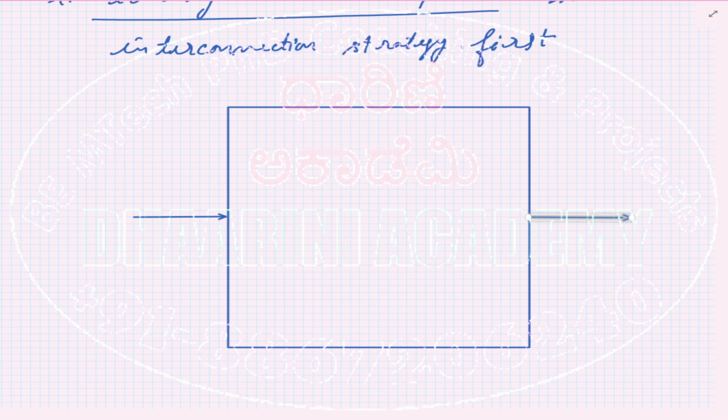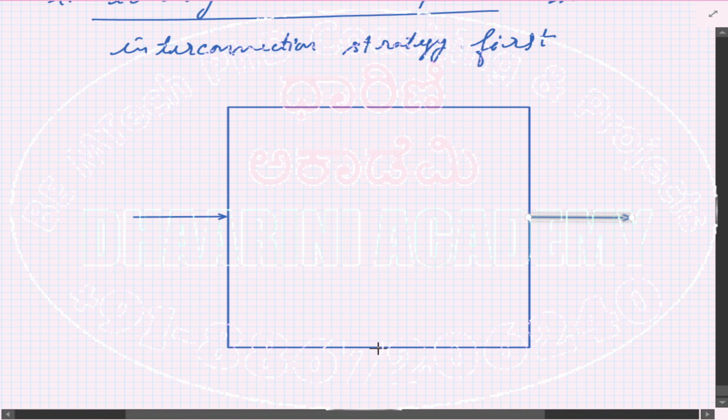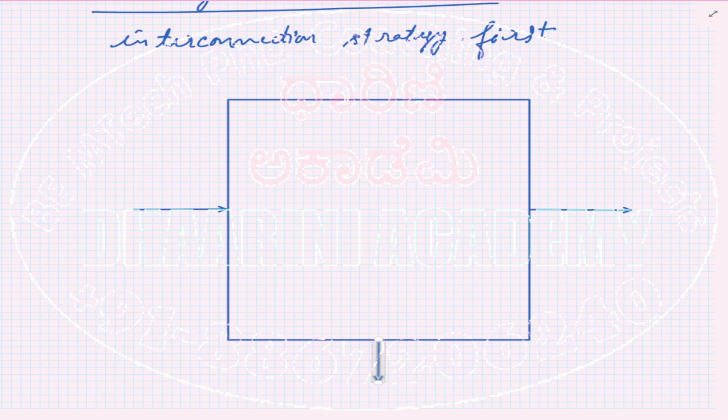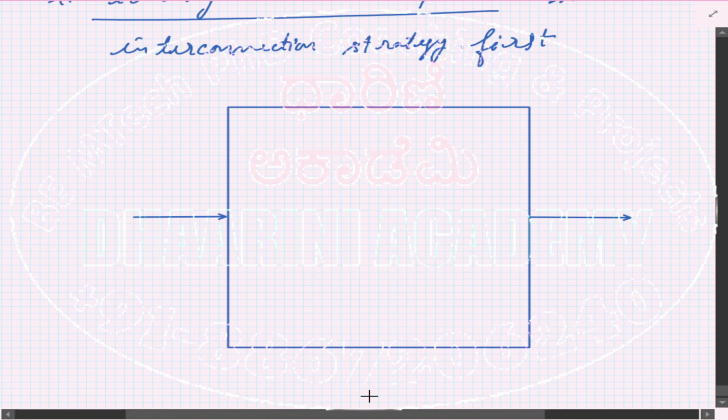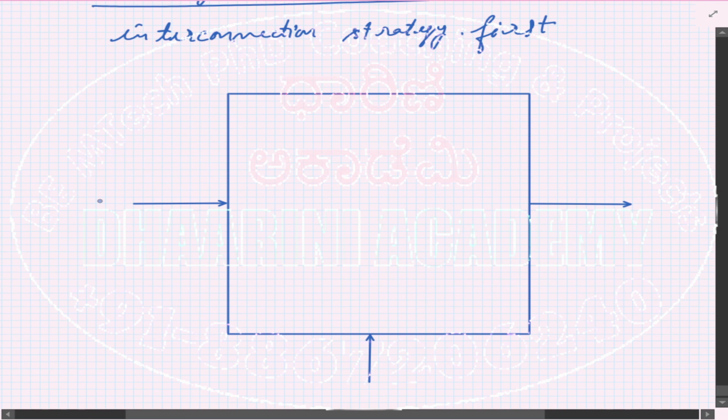This is one option. That's not this, it's the reverse. The arrow mark should go inside. So I'll draw it this way. So here on the left side, you have data input.